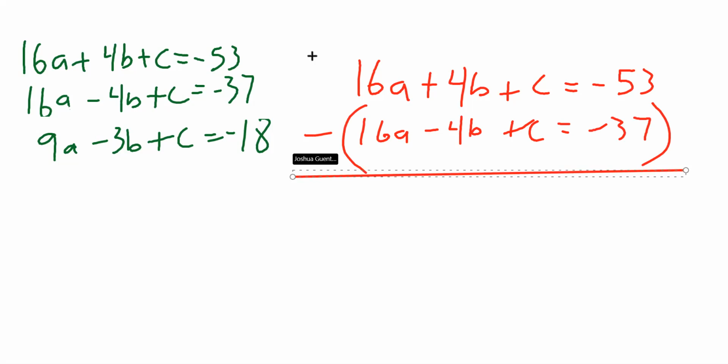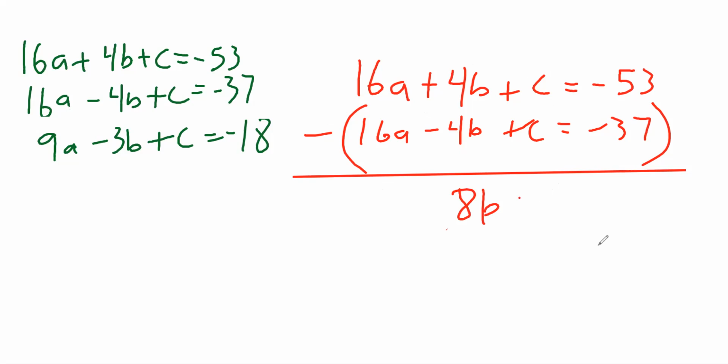Now I'm subtracting, and I have to subtract each individual piece. So 16a minus 16a, there's nothing there for a. A is now gone. 4b minus -4b becomes 4b plus 4b, so you're going to end up with 8b. Then over here you have c minus c, so now c is gone.